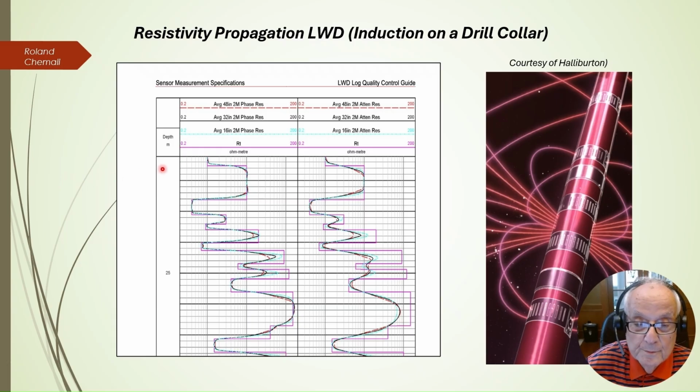He used propagation instead of balanced coils, but it was the same equations, and the whole LWD industry took off from the moment that this LWD propagation resistivity became available.